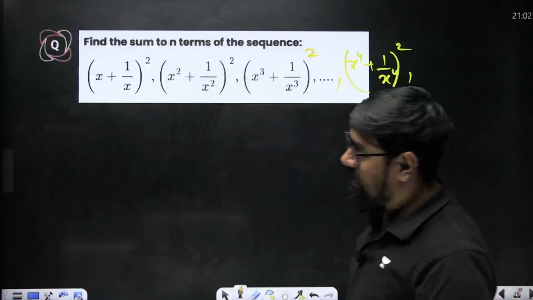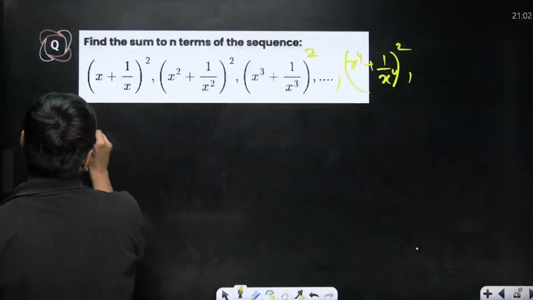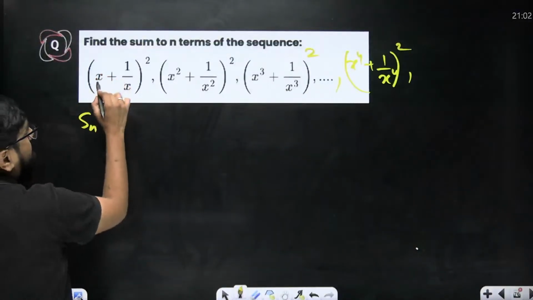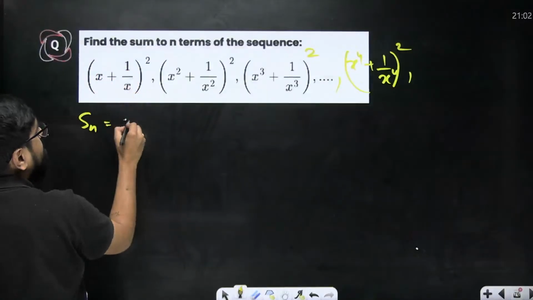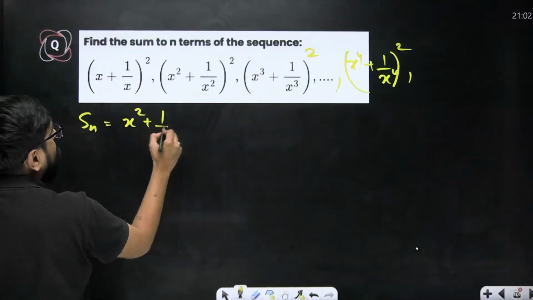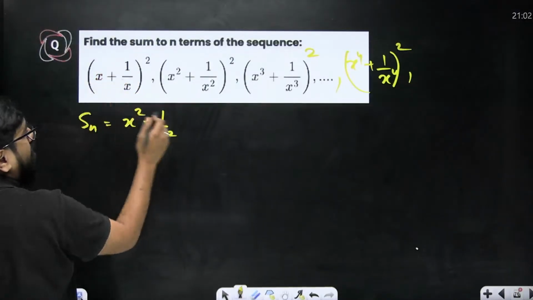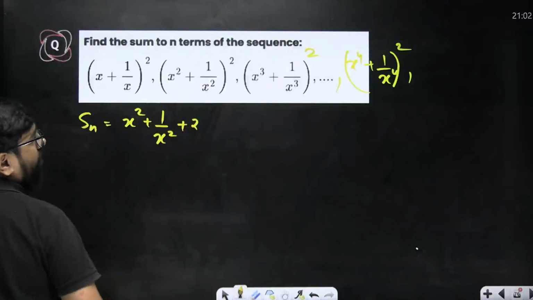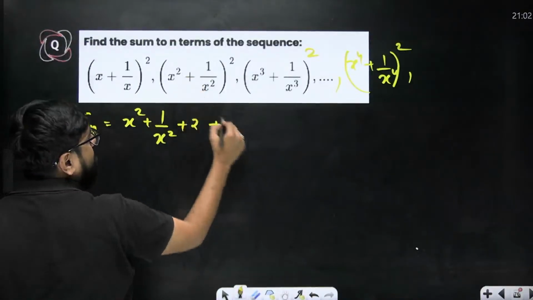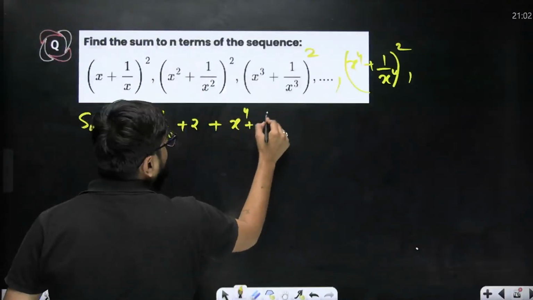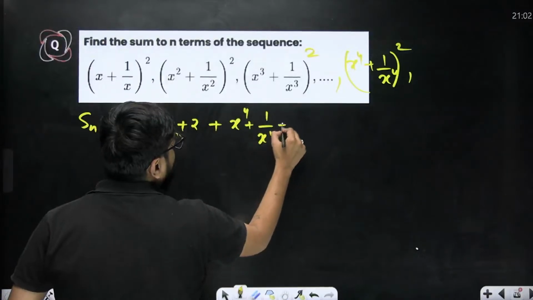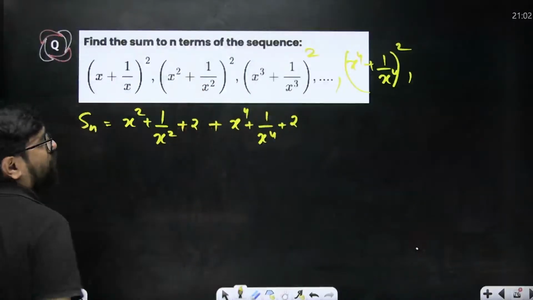We have to find the sum of n terms formula. First of all, sum of n terms will be what? If I open this, x square plus 1 by x square plus 2 into x into 1 by x, that means plus 2. If I open this, it will be x to the power 4 plus 1 by x to the power 4 plus 2 into x square plus 1 by x square, so plus 2.